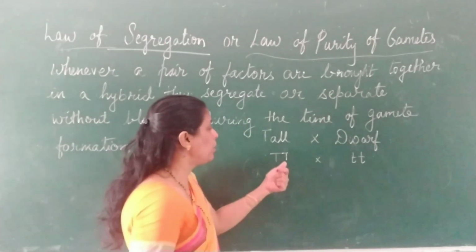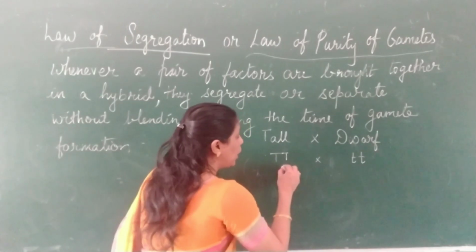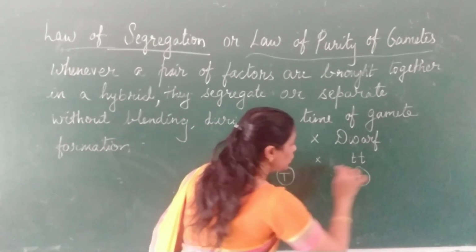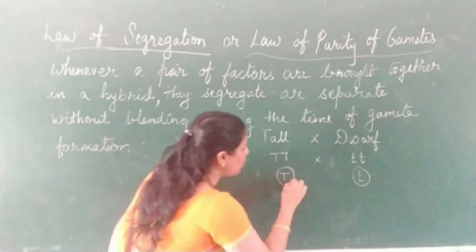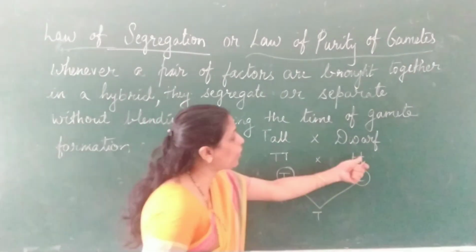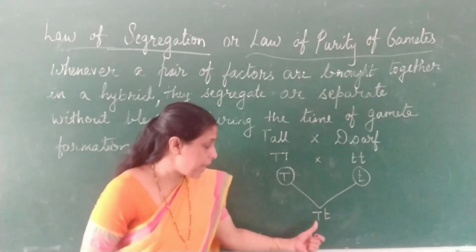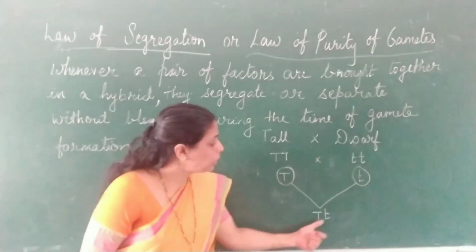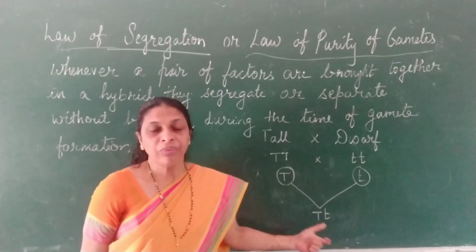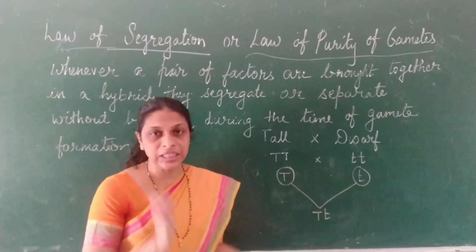From the tall parent, the hybrid received only capital T, and from the dwarf parent, the gamete received small t. So in the hybrid, both the factors are brought together. Which two factors? Capital T and small t. Capital T got from the dominant parent and small t got from the recessive parent.